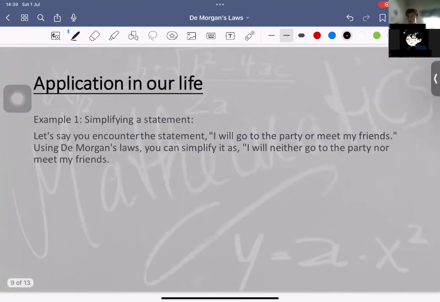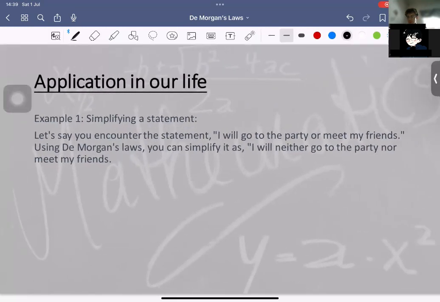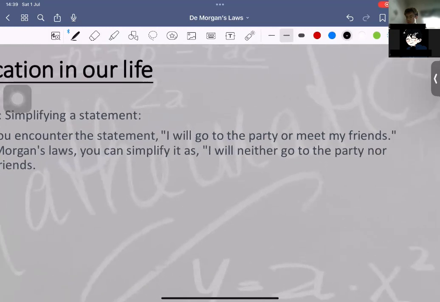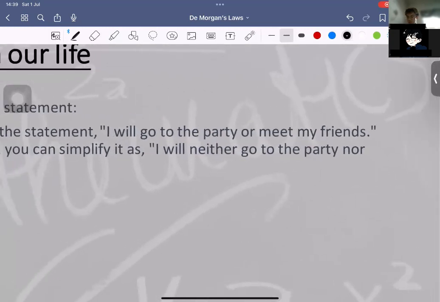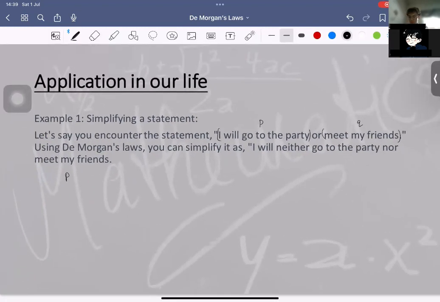So this is one of the examples: simplifying a statement. Let's say you encounter the statement, I will go to the party or meet my friends. Let's say I will go to the party is P and meet my friend is Q. So this statement will become P or Q, right?